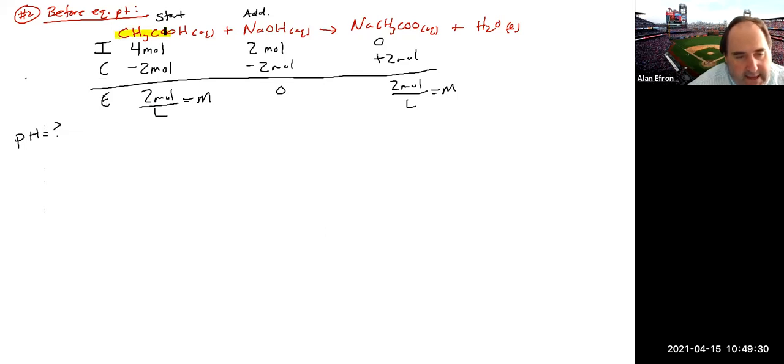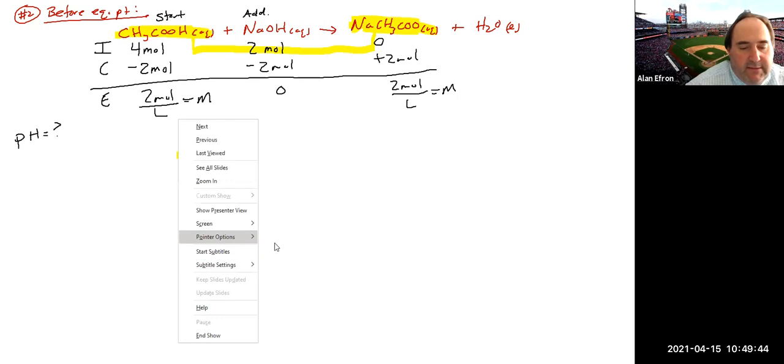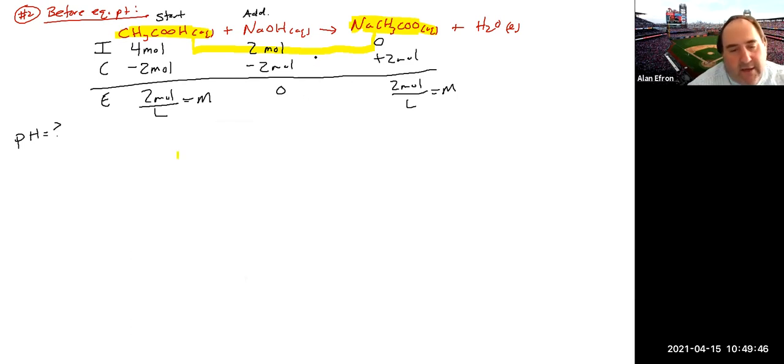At this point, we have acetic acid left over. We got sodium acetate left over. Hopefully you can recognize that these two things are related to each other. Those two things are a weak acid and its conjugate base. That is also known as a buffer at this point.